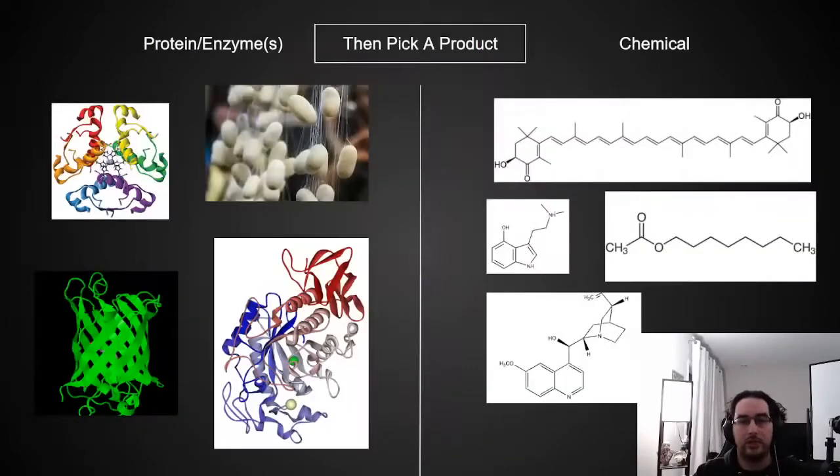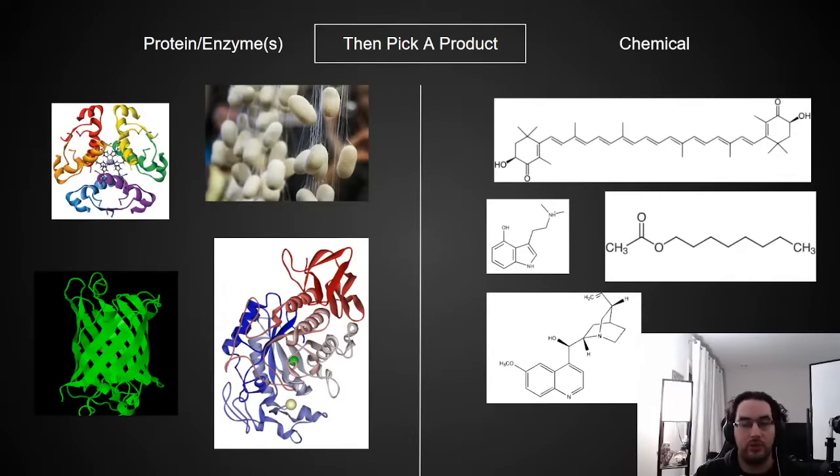Okay, so now you've picked an organism. Now you got to pick a thing. So it could be a protein, it could be insulin, it could be silk, it could be a fluorescent protein, it could be rennet, or maybe you want to make a chemical. So you've got beta-carotene, you've got maybe drugs or flavor compounds or whatever it is that you want to make.